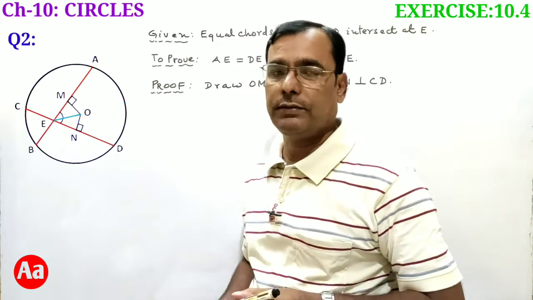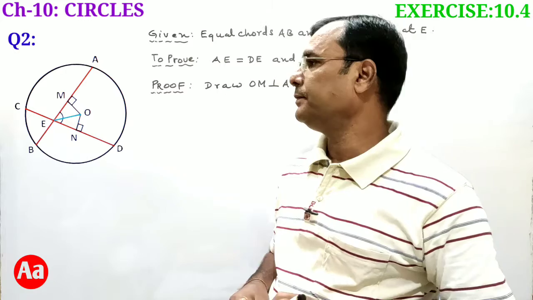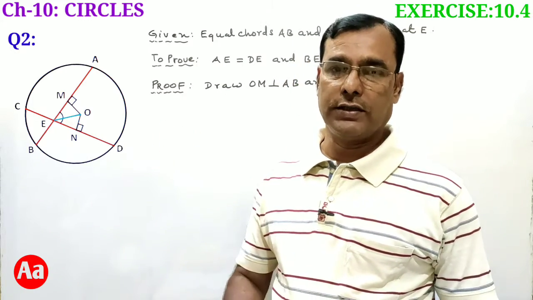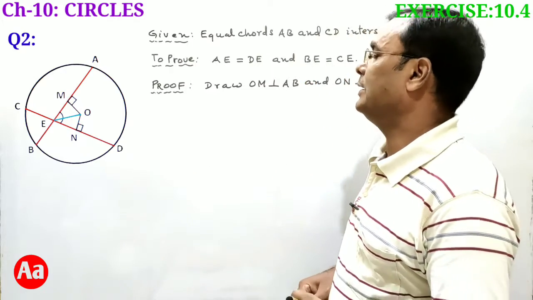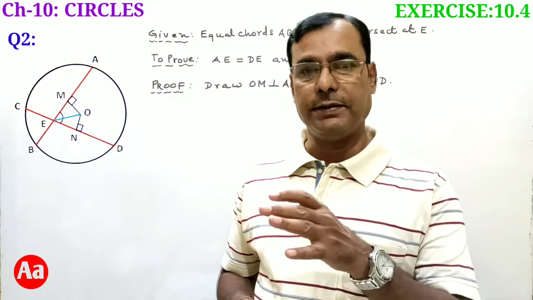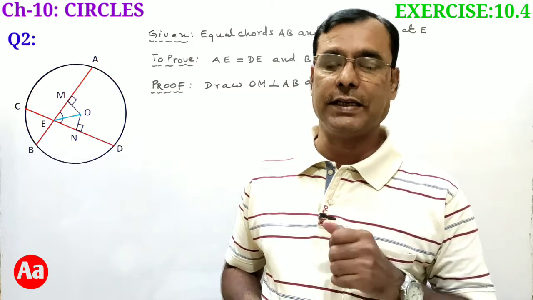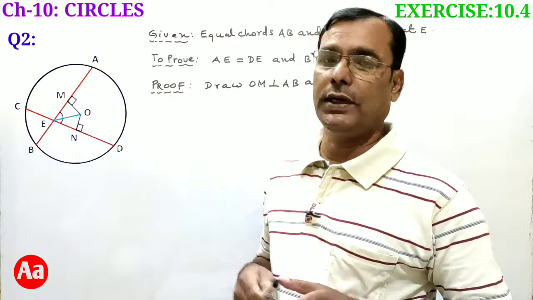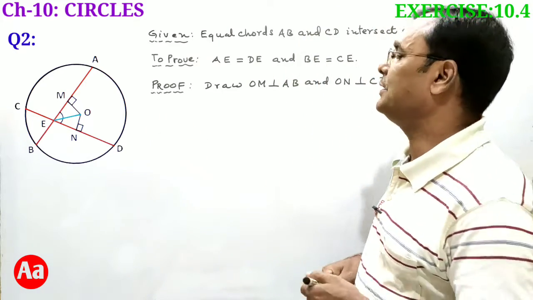OM and ON are perpendiculars drawn from the center of the circle O to the equal chords AB and CD. We know that a perpendicular drawn from the center of a circle to a chord bisects the chord. So OM bisects AB and ON bisects CD.